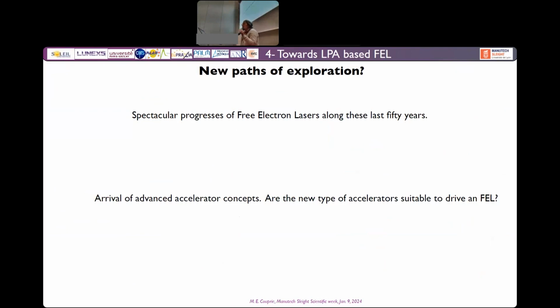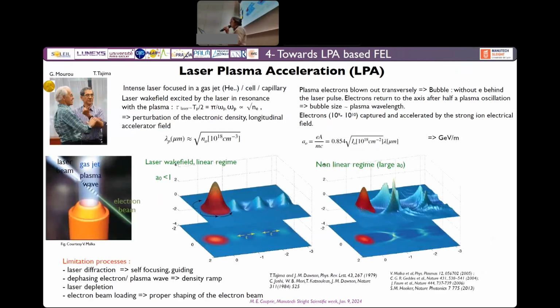So what I am working on now is to try to use advanced accelerator concepts and laser plasma acceleration. So it's a community which is emerging and they have new results on beam quality. And the question is whether this new type of accelerator is suitable to drive an FEL, or we can say whether FEL could qualify this type of new accelerator.